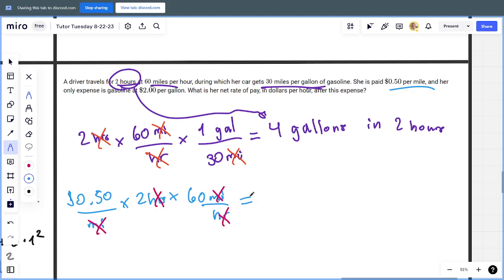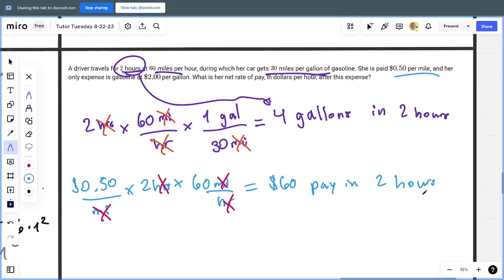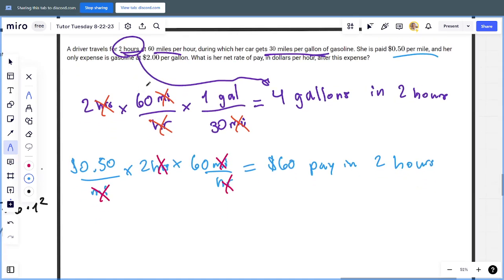So the total pay for those 2 hours is going to be $60. And the only expense that we have is $2 per gallon for gasoline.